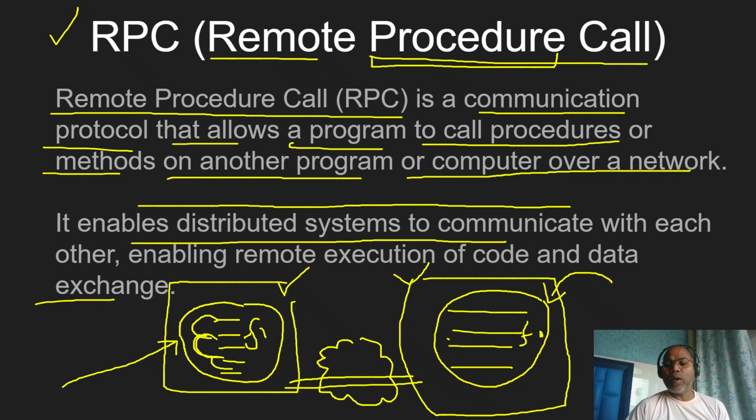Maybe this program has some set of functions, and I want to start execution of this function. That is possible: we can enable remote execution of a program through the remote procedure call. This is another system. Here we have a particular function written in that program, but I want this function to start executing when a particular event happens on this machine.